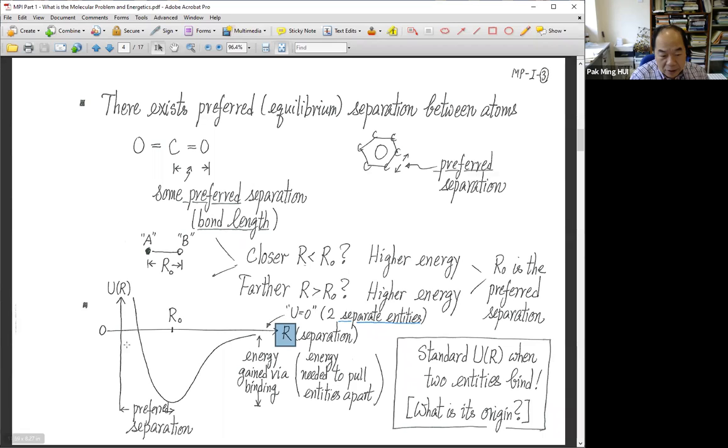Only that the preferred separation will take on a different length scale. That will be 10 to the minus 15 meter, sorry, because the nucleus is of this size.